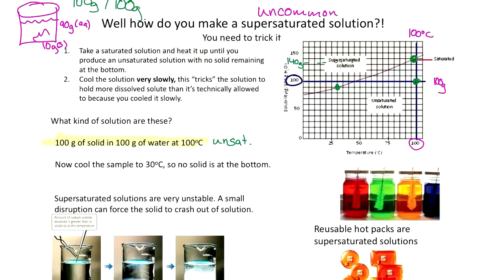For fun, before we make a supersaturated solution, if we have this solution, 100 grams and 100 grams at 100 degrees Celsius, if I throw in 10 more grams of solid, what's going to happen? Will it sink to the bottom this time? No, because now water at a higher temperature is able to dissolve more solid, has a bigger bucket.